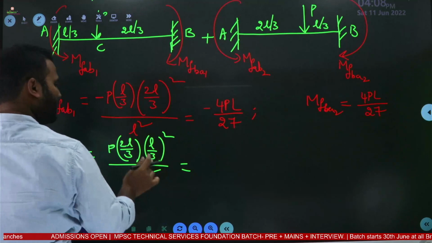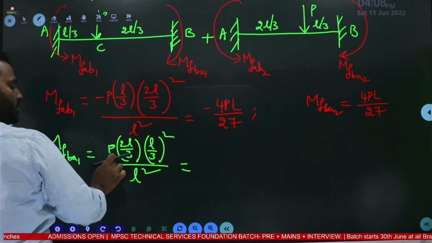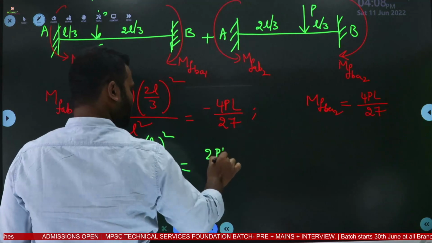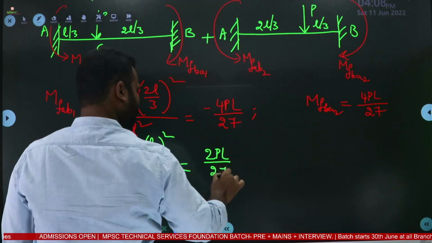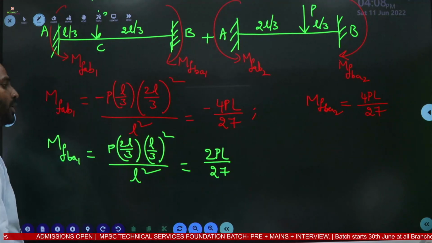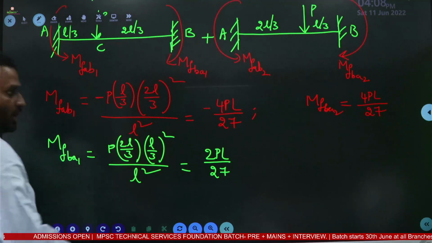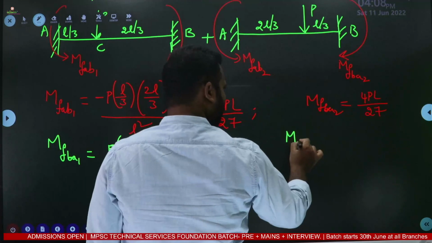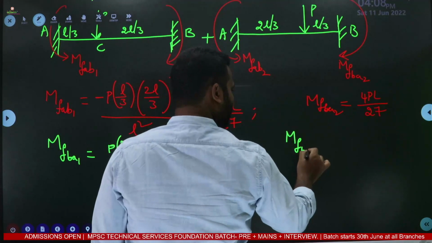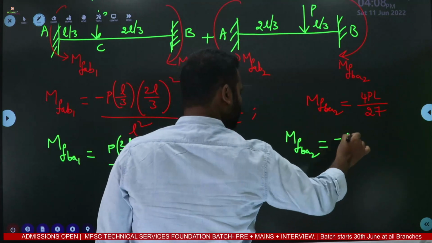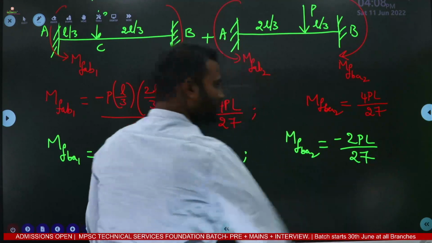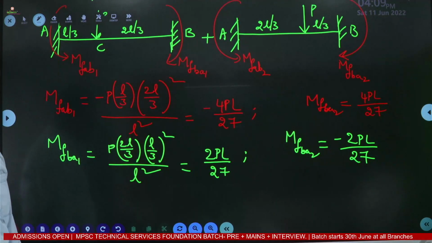Now upon simplifying, it is L square by 9, so 27 will be there, and this comes out to be 2PL upon 27. Now in the same way, MF BA2 comes out to be minus 2PL upon 27.